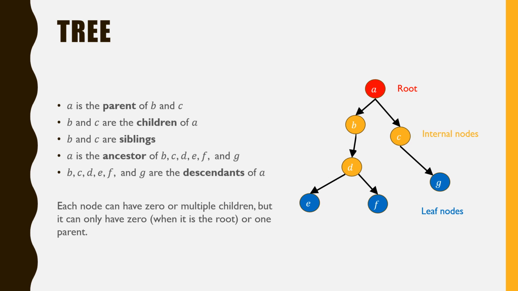In the case of any two nodes that are connected, whether directly or indirectly, the shallower node is called the ancestor of the deeper node, and the deeper node is the descendant of the shallower node. For example, node A is the ancestor of node E, and node E is a descendant of node A. Each node can have 0 or multiple children, but it can only have 0 or 1 parent.